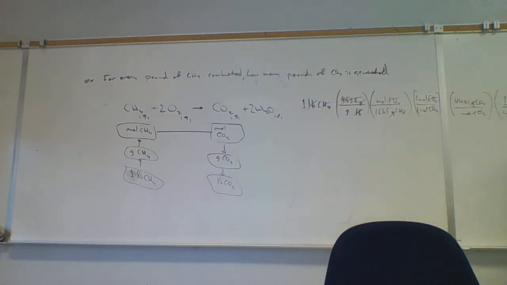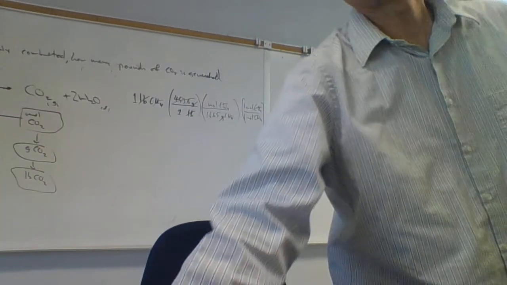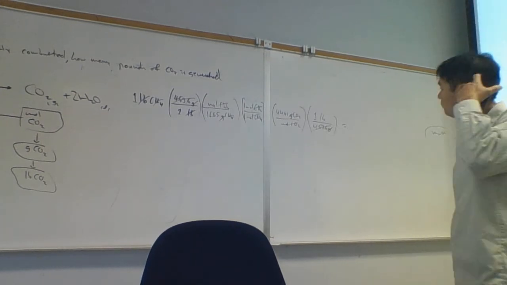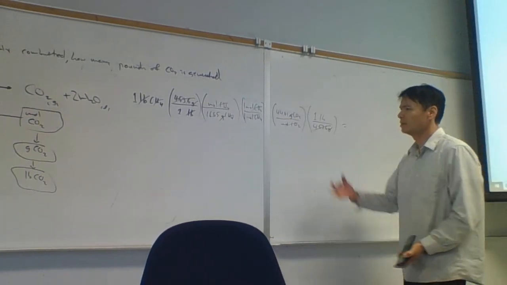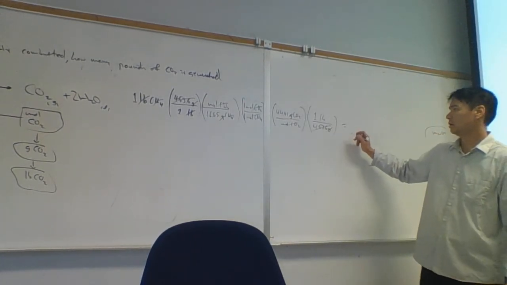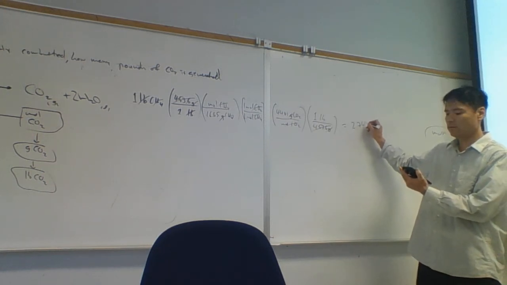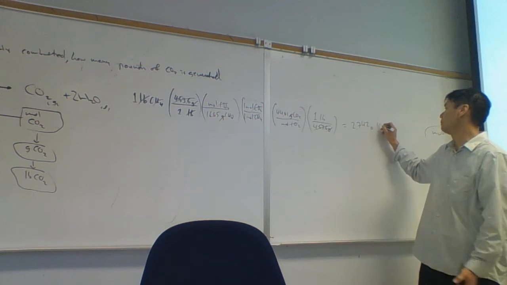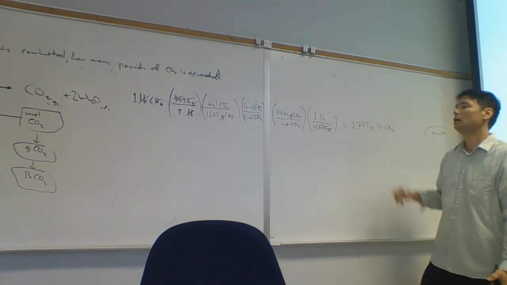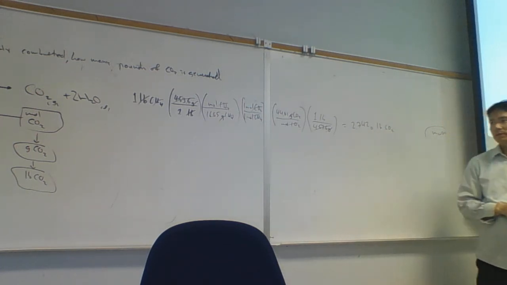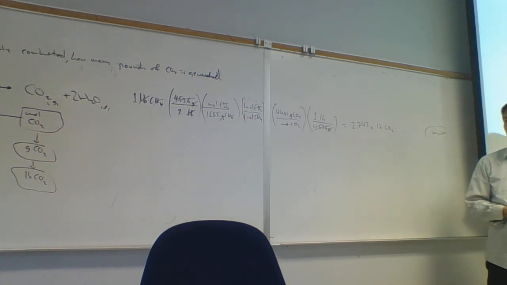How many sig figs am I allowed? 4. Yeah, in this case I'm allowed 4 sig figs, because we're going to take 1 as exact. And so let's write this up to 2.742 pounds of CO2.